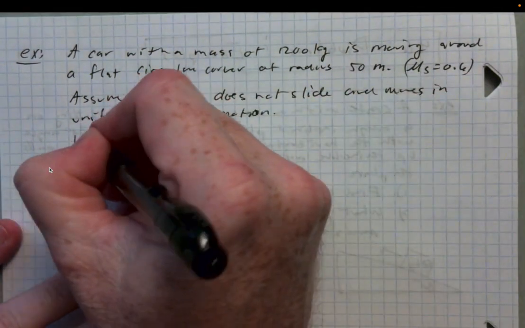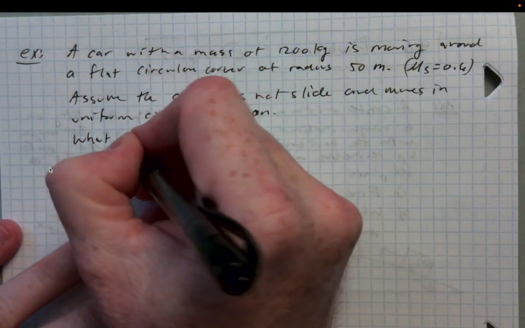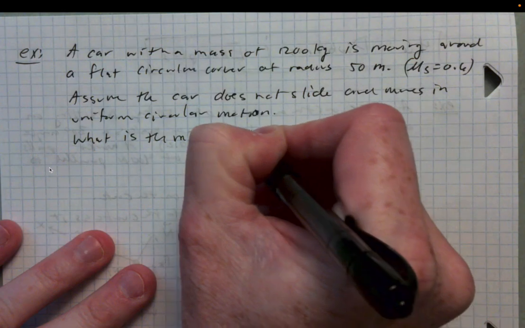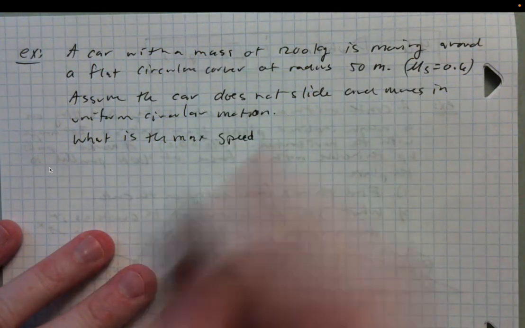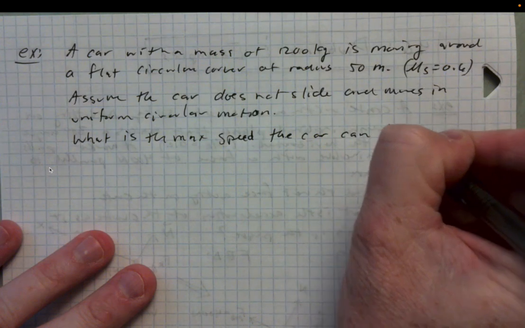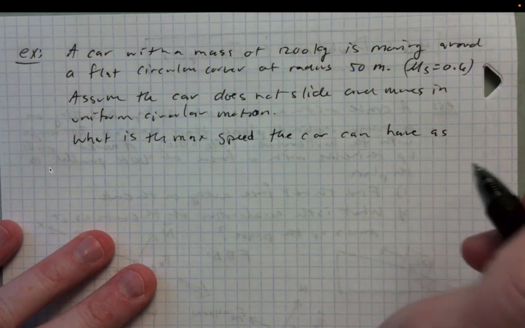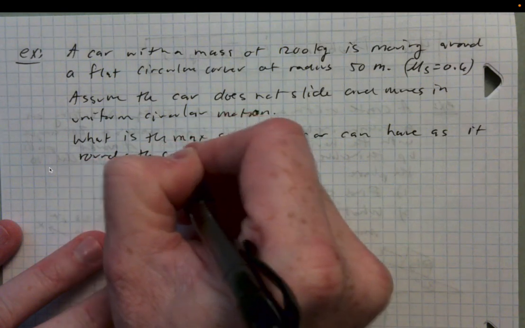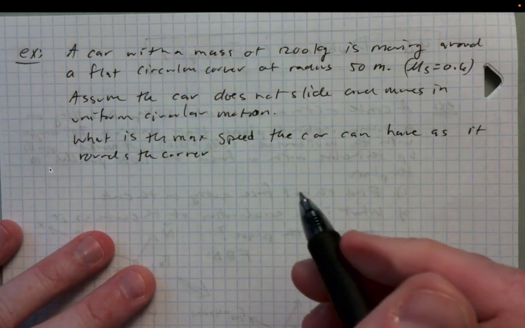Question is, what is the max speed the car can have as it rounds the corner before it starts skidding?